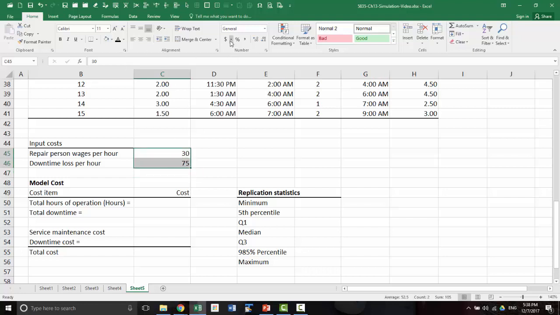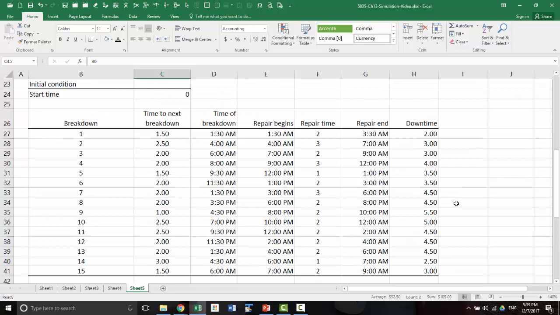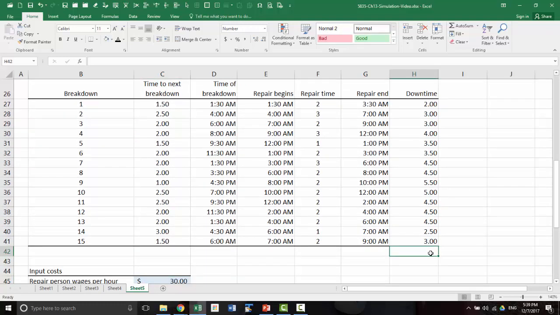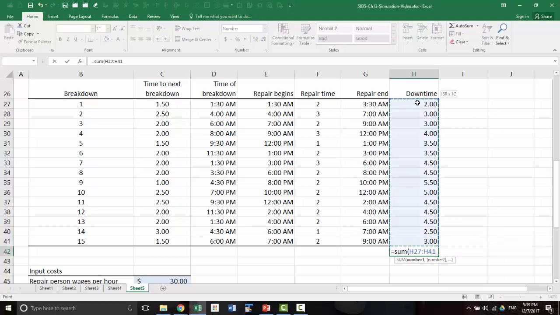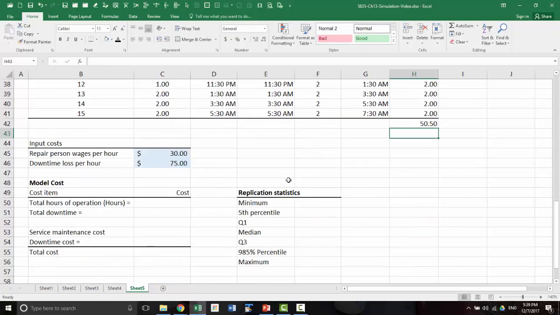Okay, so let's look at the total downtime, which is what we need to calculate. So if you sum the downtimes, right?